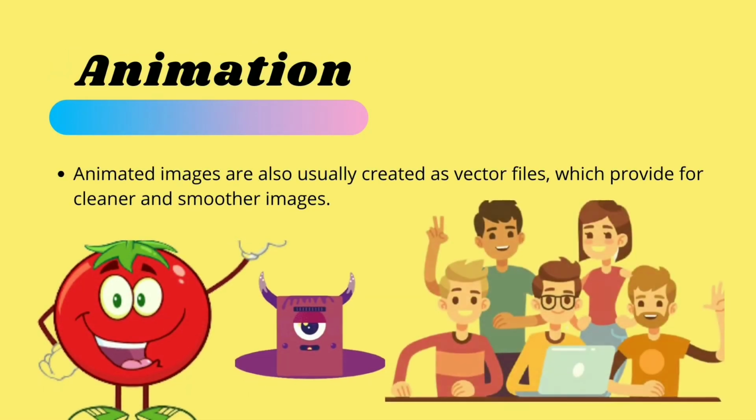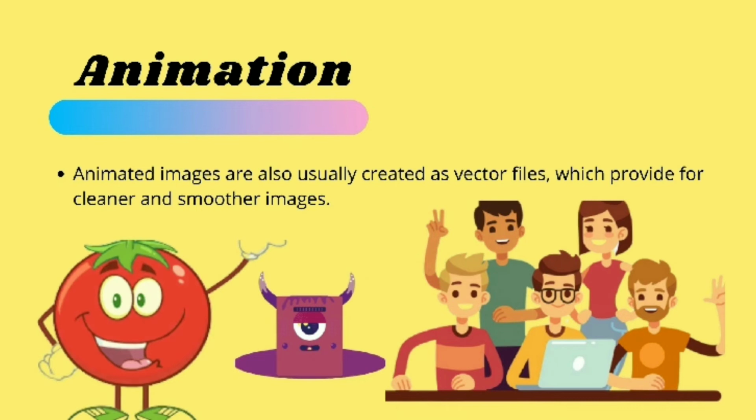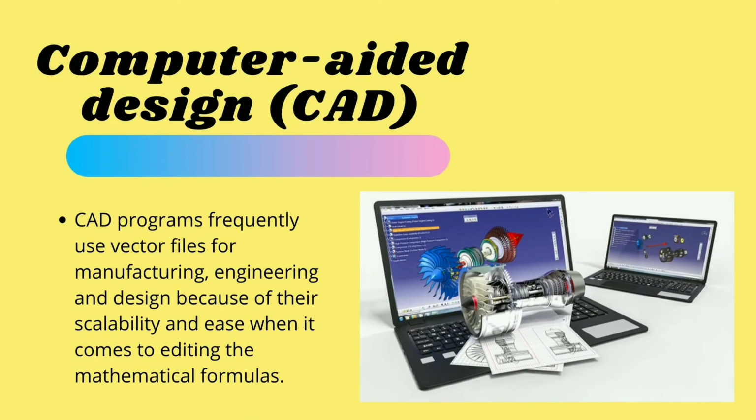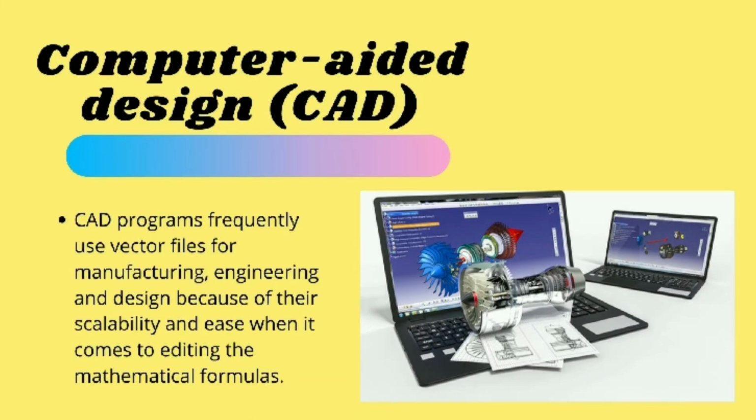Animated images are also usually created as vector files, which provide for cleaner and smoother images. Next, computer aided design or CAD. CAD programs frequently use vector files for manufacturing, engineering, and design because of their scalability and ease when it comes to editing the mathematical formulas.